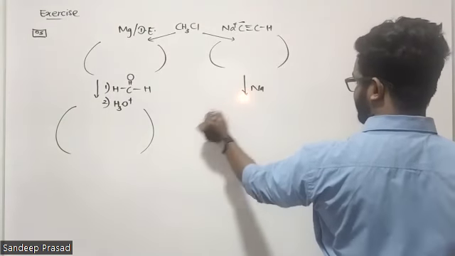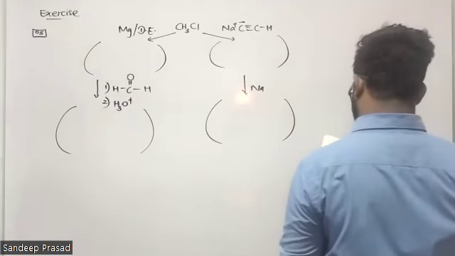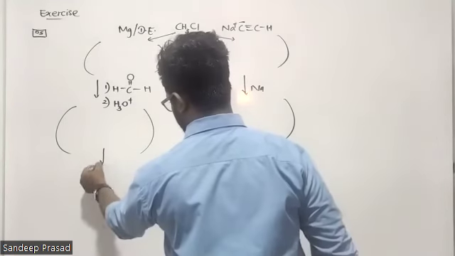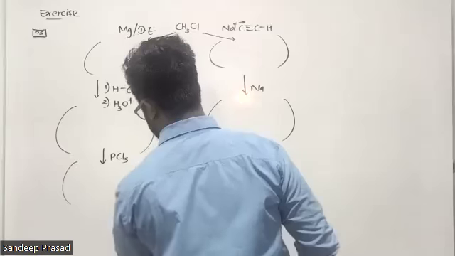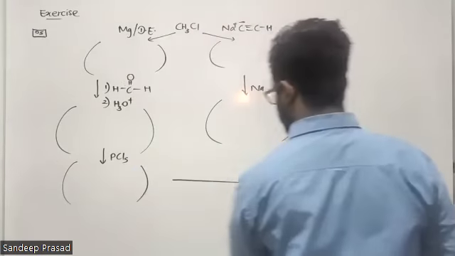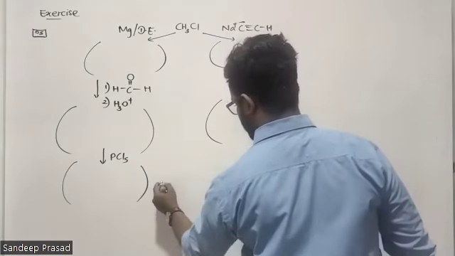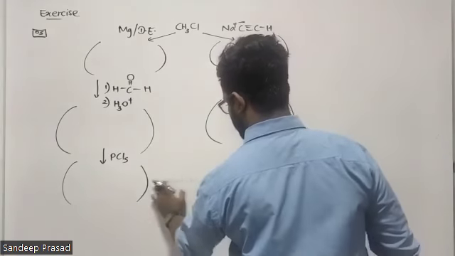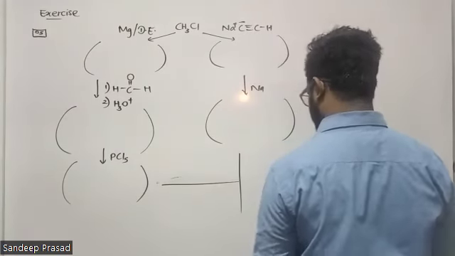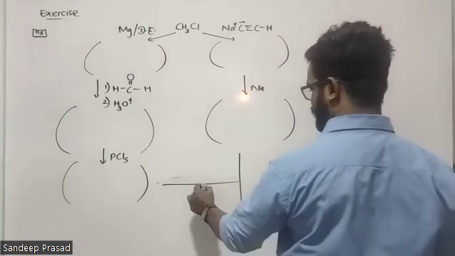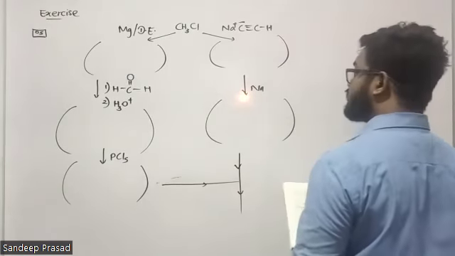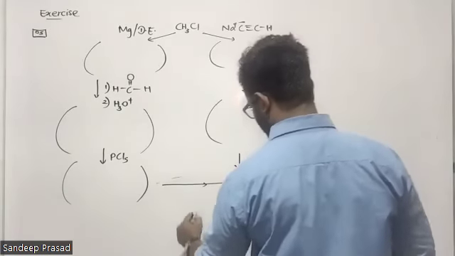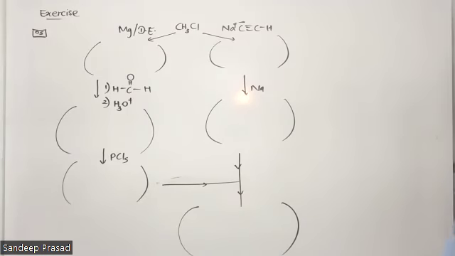If we are adding sodium, PCl5 is added. The summation of these two gives a final product. I think this is easy. Yeah?